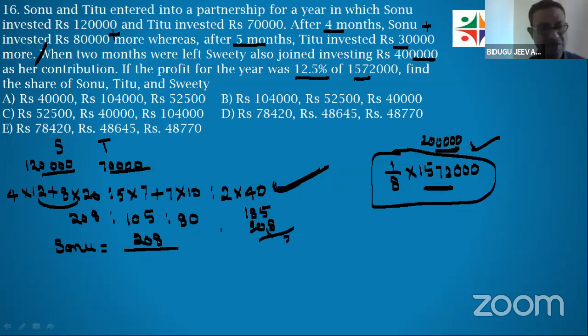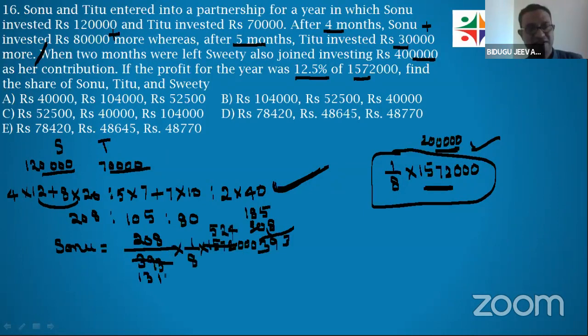Now, 131. What is the calculation now? It is absolutely 4 times. 4 ones are 4, 4 13s are 52, 4 twos are 104. So 104000, is it right?